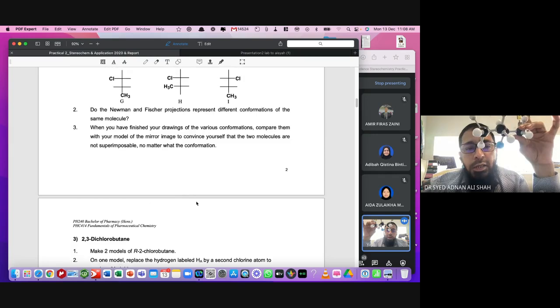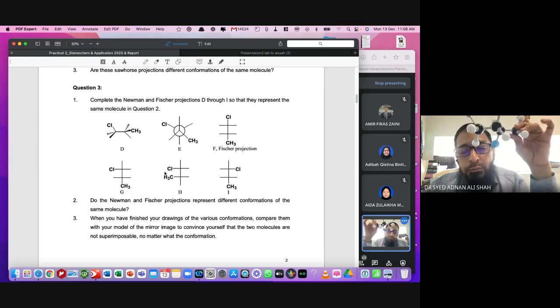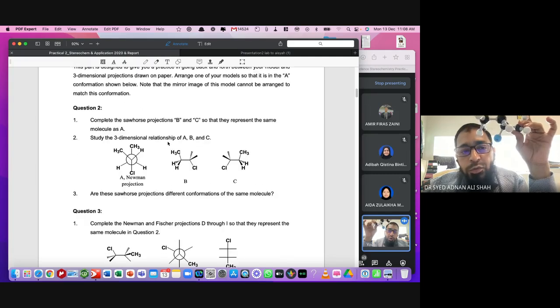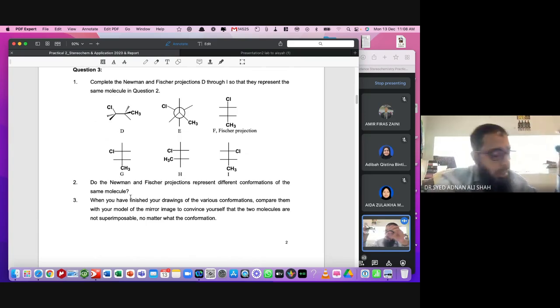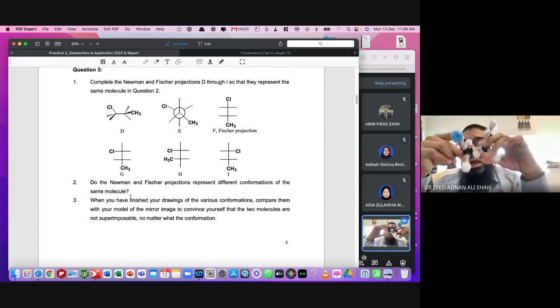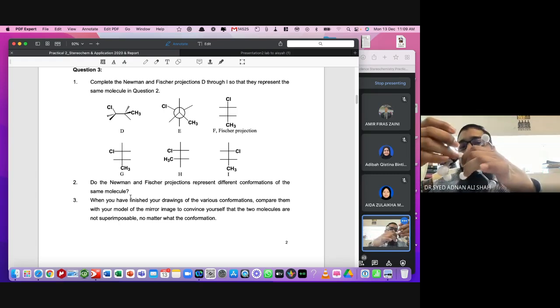Yes. So this is how we complete the Newman projection of the second molecule, which is the other stereoisomer, right? For example, you have to study with the R, and you have to study with the S also. So this one is S, right?